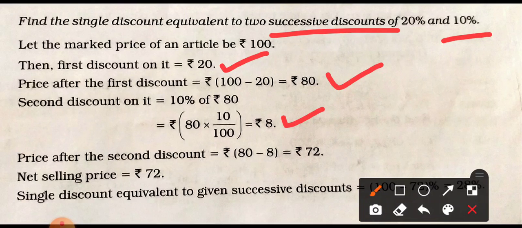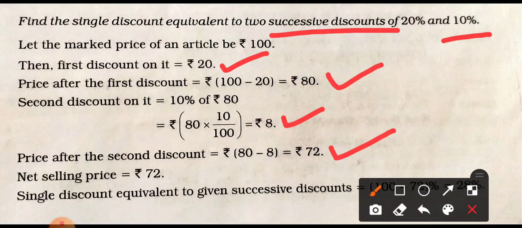Now the price after the second discount will be rupees 72, subtracting it from the mark price, that is rupees 80. This is the final price at which the shopkeeper will sell his article in order to clear the stock.